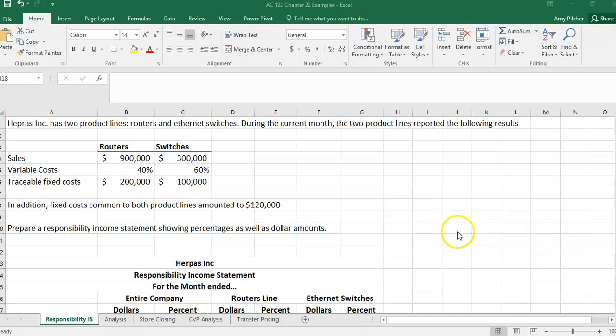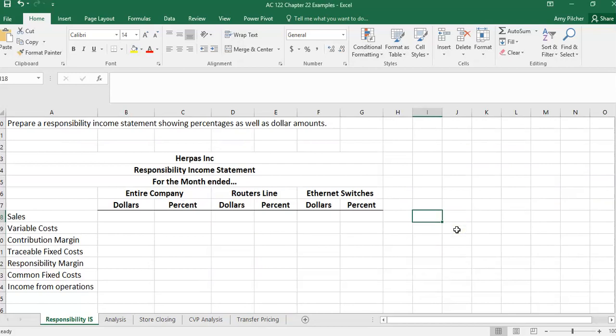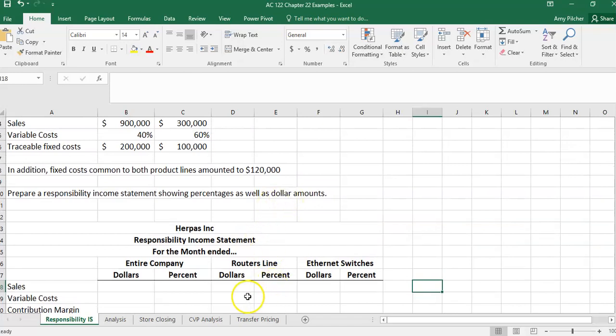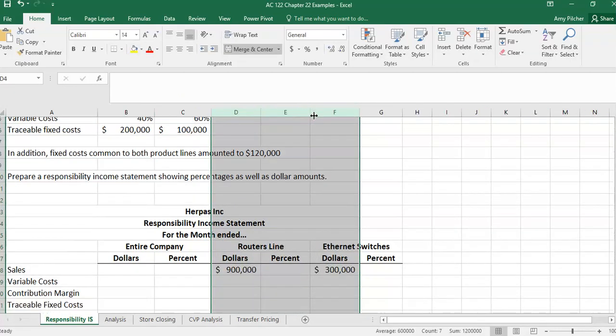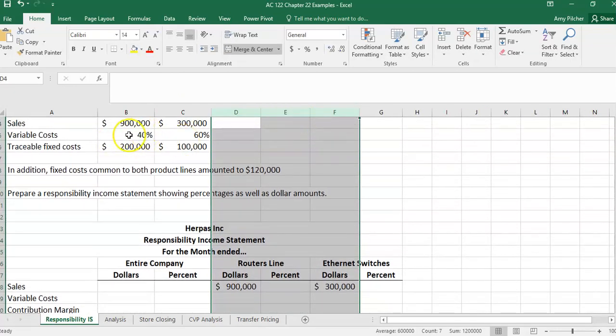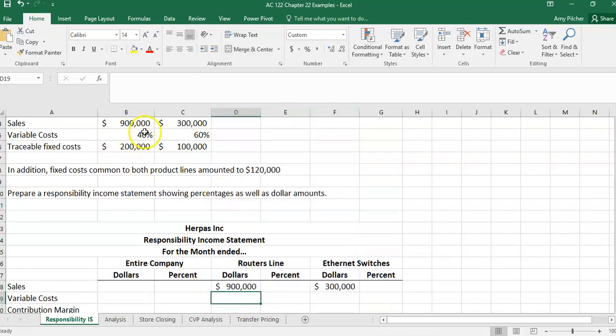So when we make that income statement, we have our information here. We have information about routers and Ethernet switches. So our sales is given here. And then it tells us that our variable costs for the routers are 40% of sales.